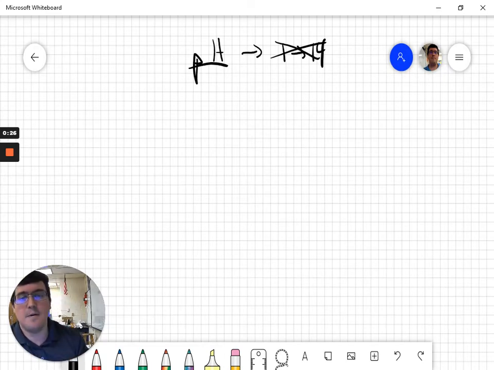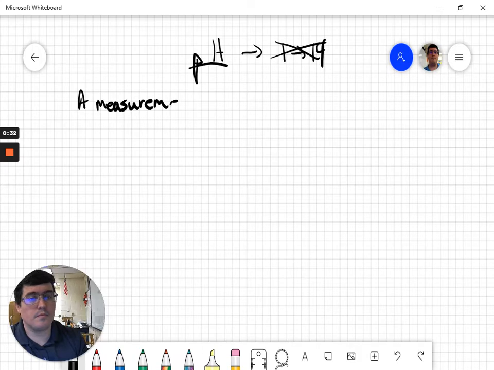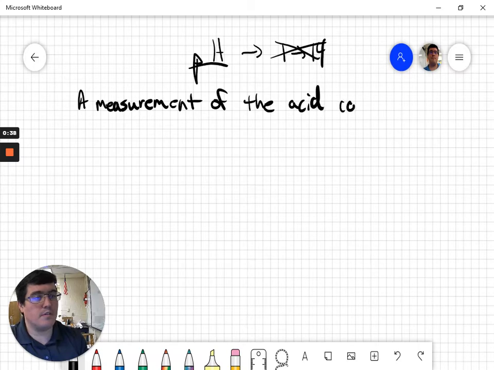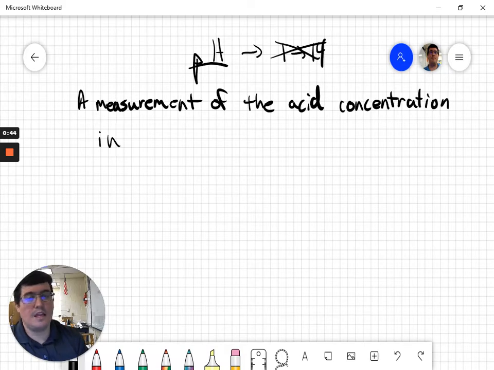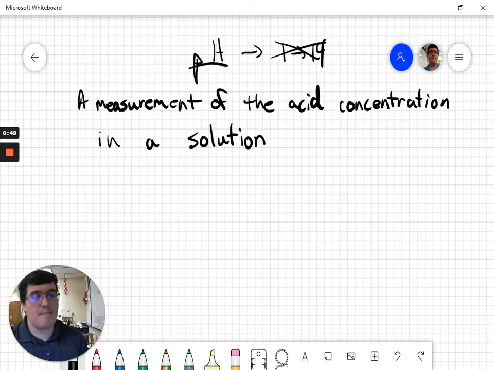So it is a measurement of the acid concentration in a solution. So there is a mathematical reason why certain things have a pH, all right?